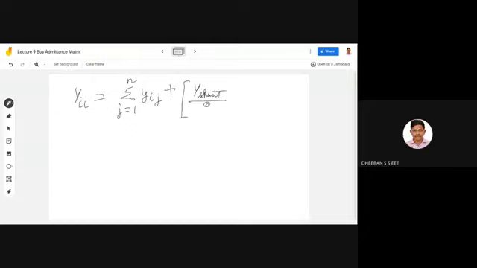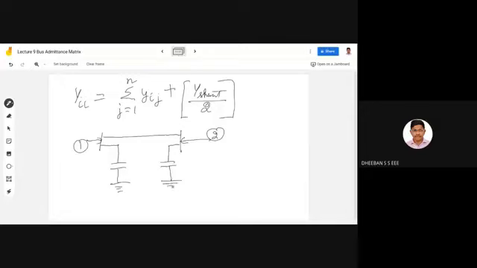If the line is a medium pi line, and mostly they'll give a medium pi line, the capacitance will be split up into Y shunt by 2 at each end. So just keep this in mind.